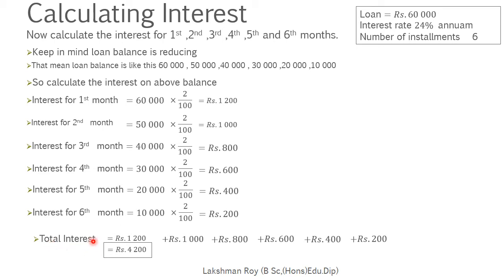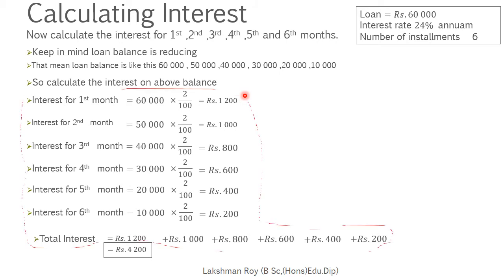Actually this is the long method, right? In a question we can't apply this one because suppose the number of installments is 30 or 36, maybe 60, interest paid in 5 years, so there are 60 months. How to calculate? This is what happens in the reducing balance method.